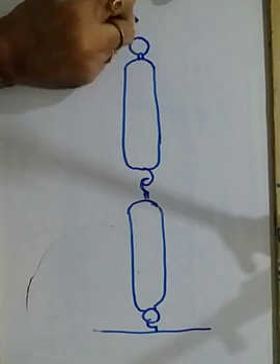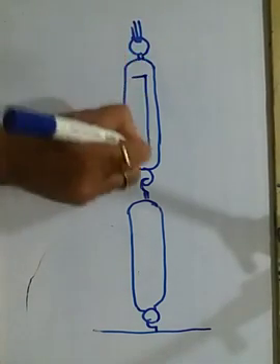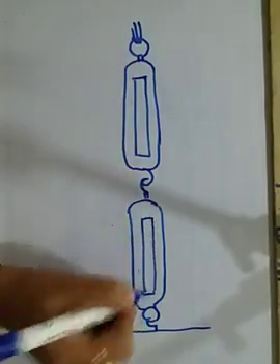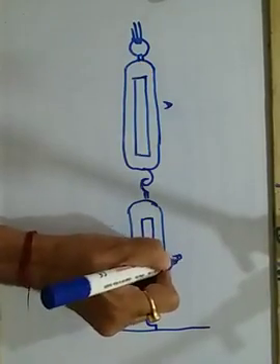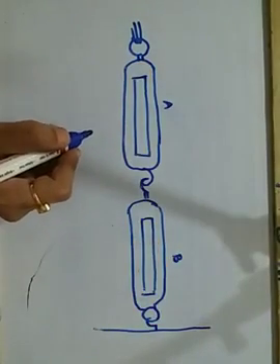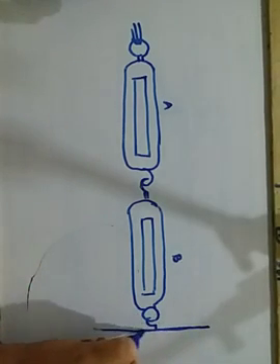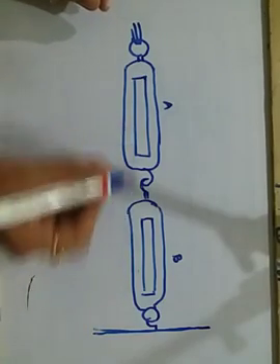Just see to it. Here there is a reading. Here there is a reading scale. This is your A and this is your B. What is happening is, since this is a fixed support, it is not going to move. You have connected the two spring balances A and B.